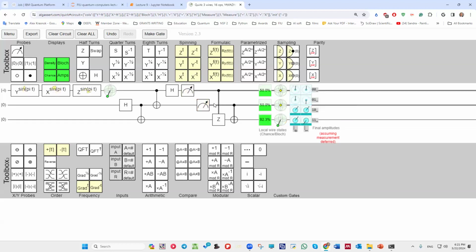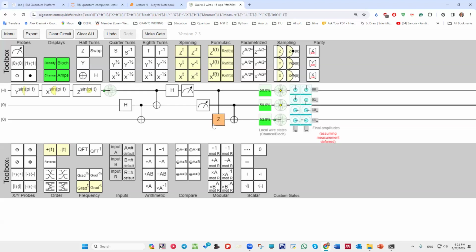Of course, this measurement here and here means that the result of this measurement destroys the state of Alice's qubit and teleports it to Bob's qubit. Okay, so after the state is teleported to Bob's side, Alice doesn't have this initial quantum state.